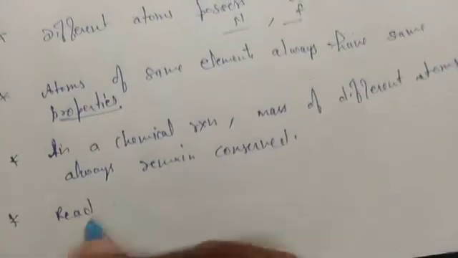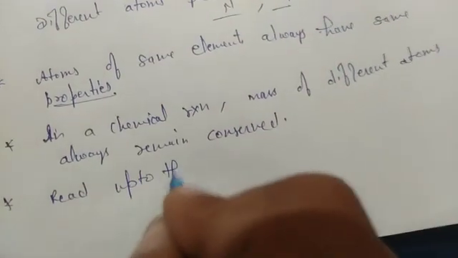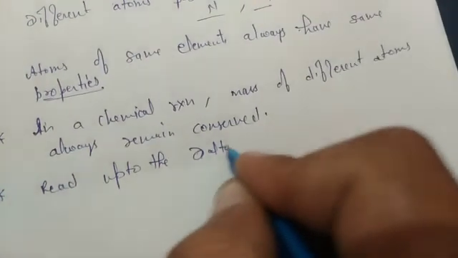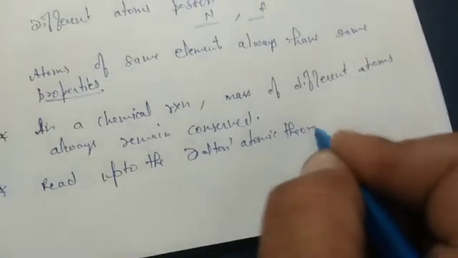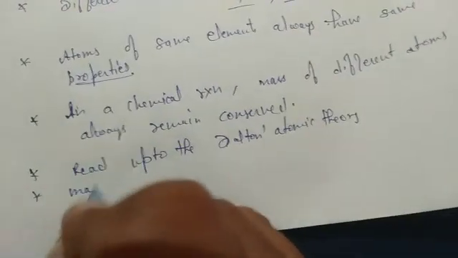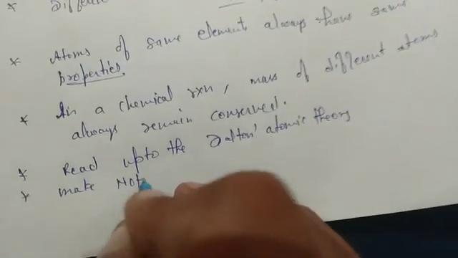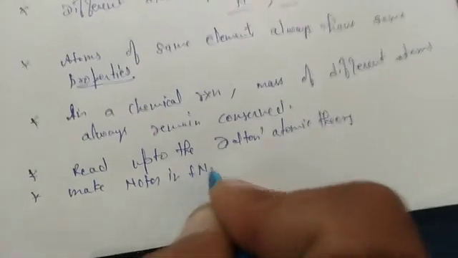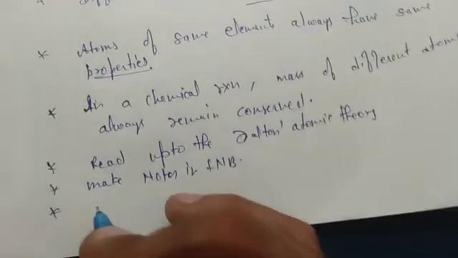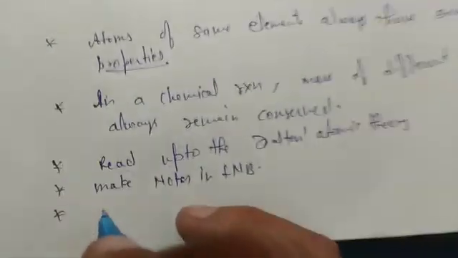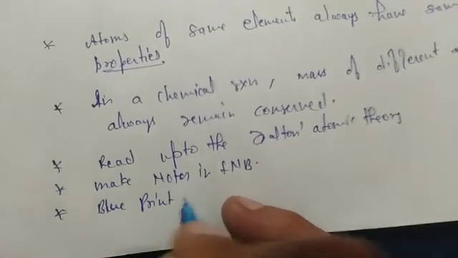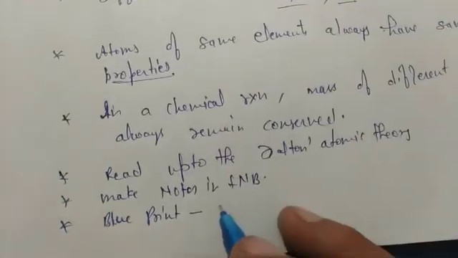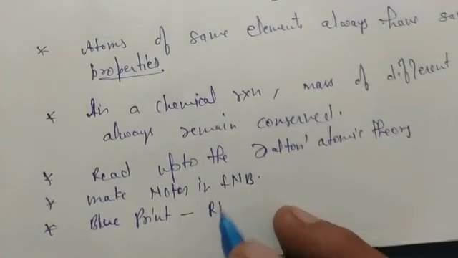Now, today what you will do: read up to Dalton's atomic theory. Second, you will make notes in the fair notebook up to that topic. Third, blueprint questions are given after Dalton's theory, which you have to do in the rough notebook.